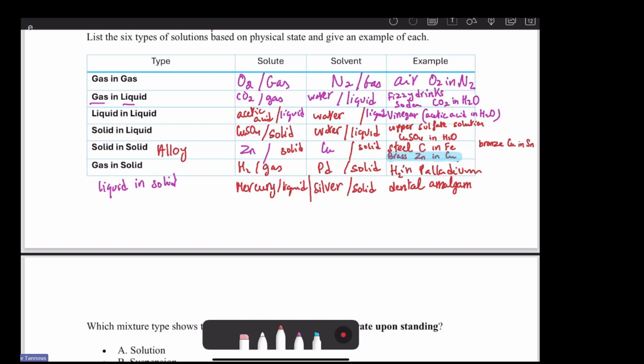There are barely examples online for this one. Let's just stick to this one example since that's the only one they've given us. Gas and solid type. Let's continue. I don't want to waste the time.